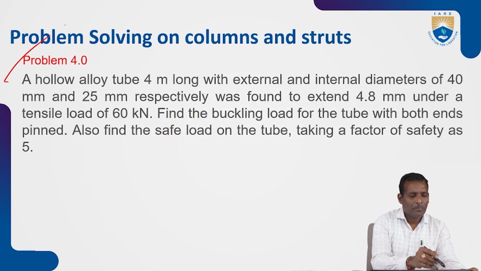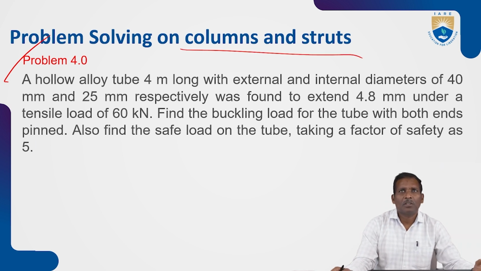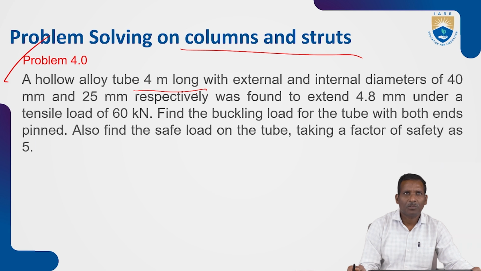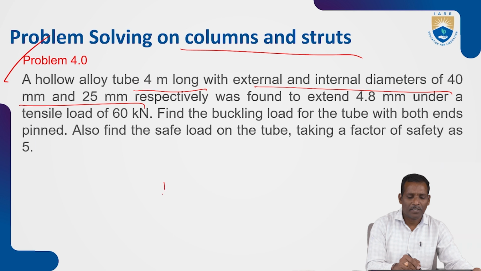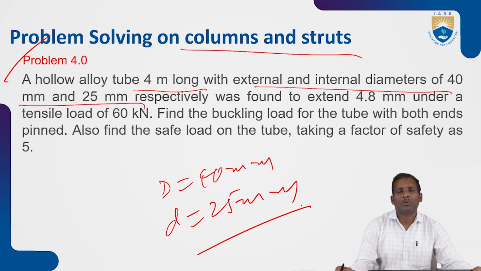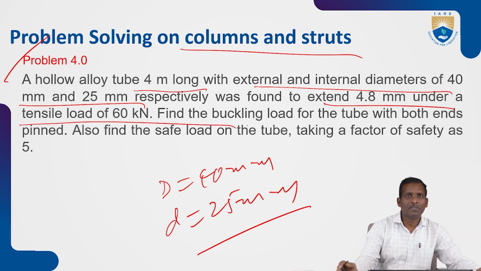Now problem 4. The columns and studs. Up to now we have seen thin cylinders. Now the columns and studs, how to solve the problems. A hollow alloy tube 4 meters long with external and internal diameters of 40 mm and 25 mm respectively was found to extend 4.8 mm under a tensile load of 60 kilonewtons.